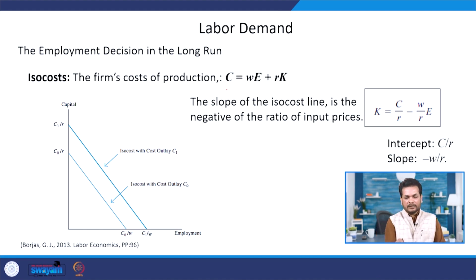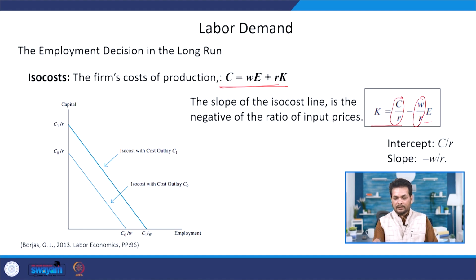Now, if you rearrange this cost function C equals W L plus R K, then you can rewrite it as K equals C by R minus W by R L. So, here W by R is the slope and C by R is the intercept.